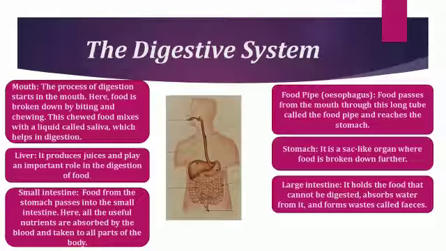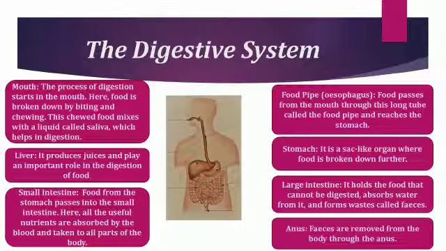Large intestine. It holds the food that cannot be digested, absorbs water from it and forms waste called feces. Last one is anus. Feces are removed from the body through the anus.